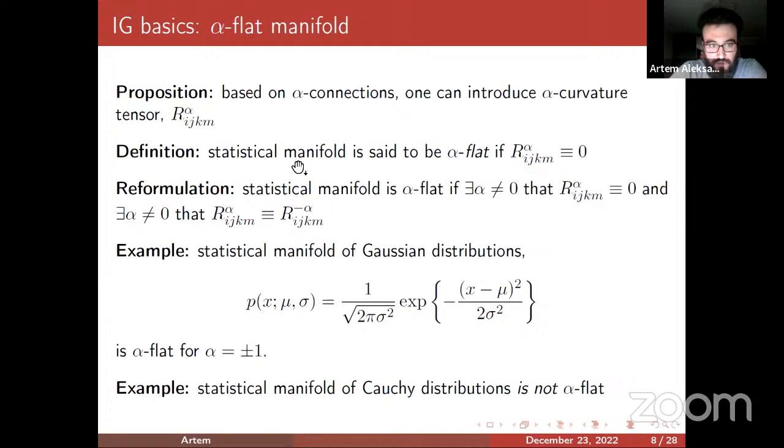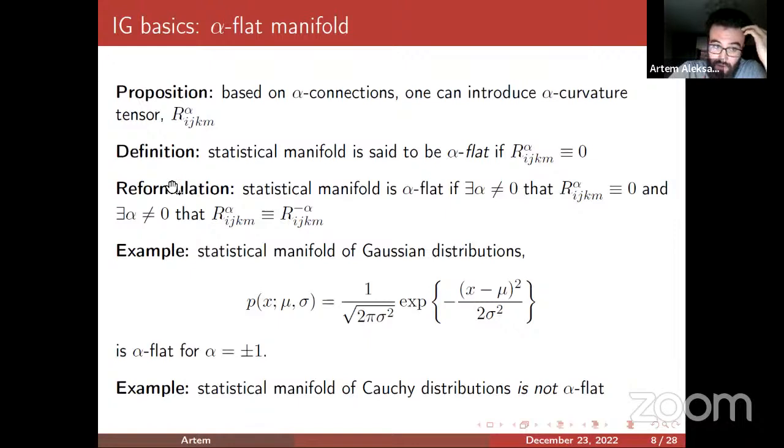They are two different tensors, and they are related to each other by the multiplier alpha. And the last definition that I needed is the so-called alpha flat manifold. When I introduce alpha connections, I can also introduce the alpha curvature tensor. And if my statistical manifold has identically zero alpha curvature tensor, I say that my statistical manifold is alpha flat.